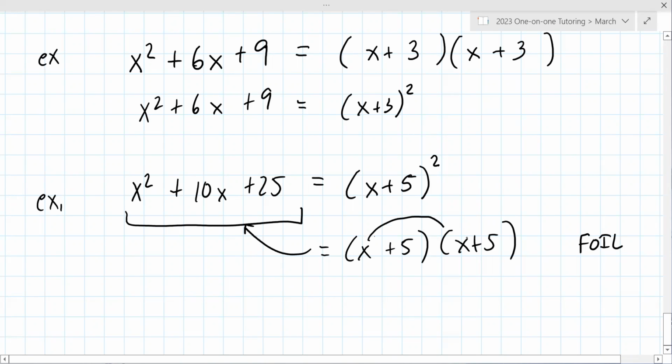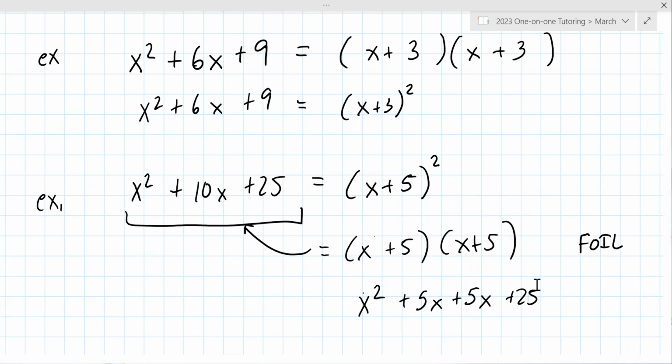And then is it always 2 with the exponent? Yes. And then x times 5 plus 5x, and then inner is also plus 5x, and then plus 25, and so it gets you back to it. So it does work. Okay.